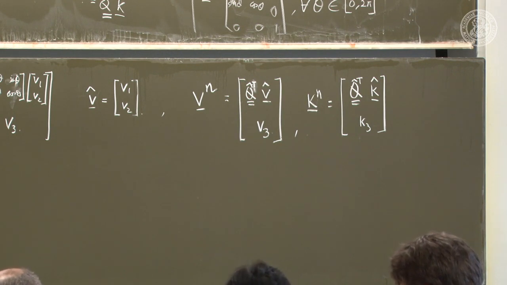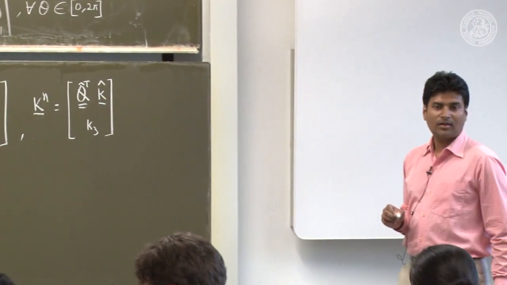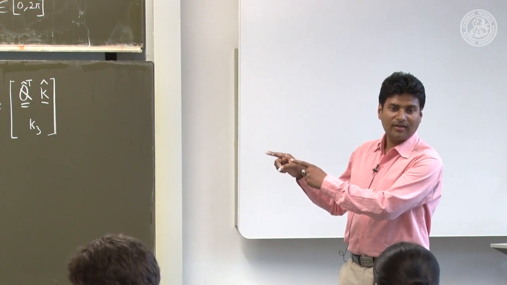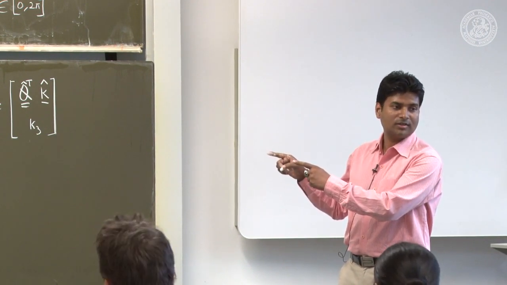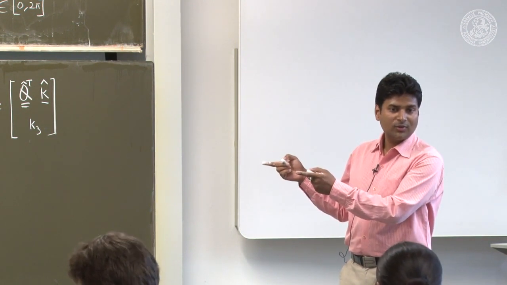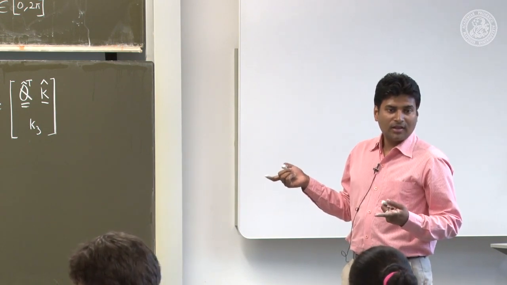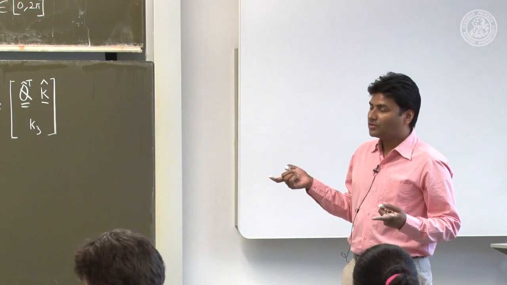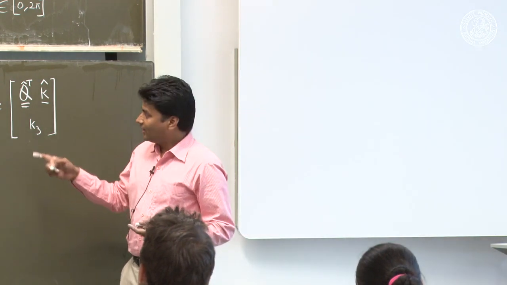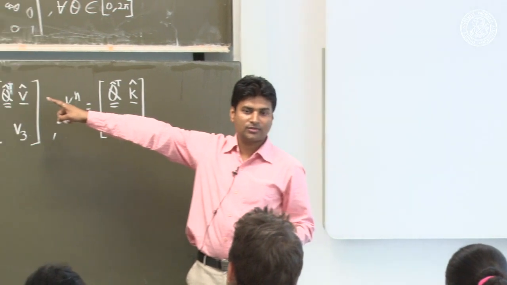Now we want to find out the invariance. Can you think of what will be the invariance? Two of them you can already see here. What did not change? V3, K3, right? So V3, K3 did not change, so they are definitely invariants. Can you think of other quantities which did not change? And you have to think of all the rotations, all SO2 rotations.